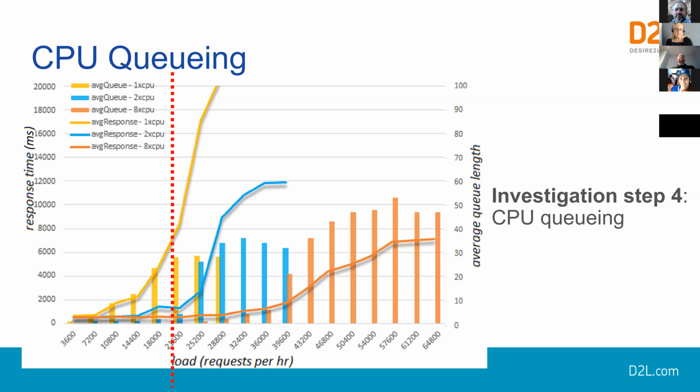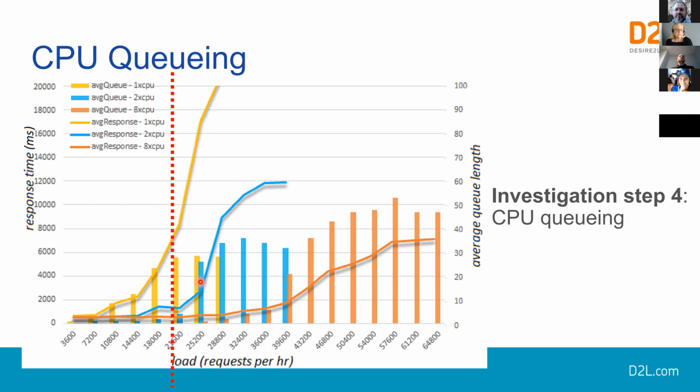So looking here, same graph as previously with response, load, 1, 2, and 8 processors, and that arbitrary load. The difference is we've now replaced that indirect indicator, the CPU, the symptom, with the cause, the queue length. So bars and secondary y-axis now represent queue length instead of CPU.